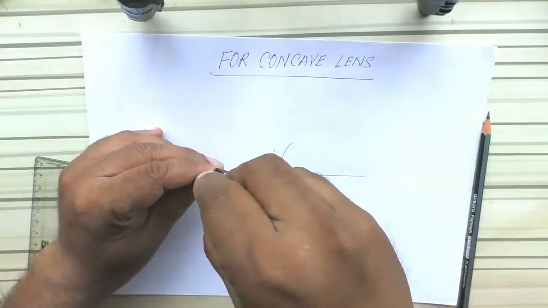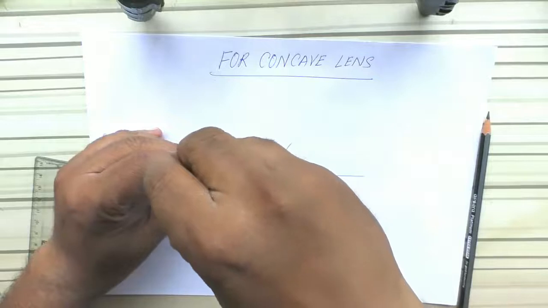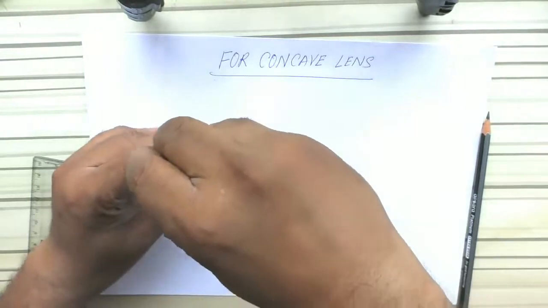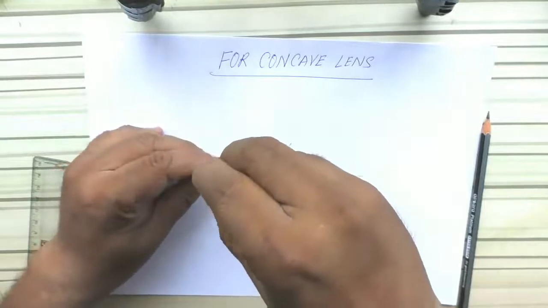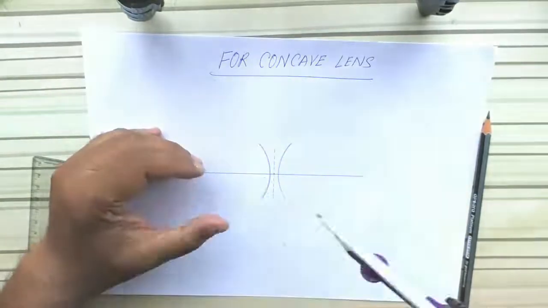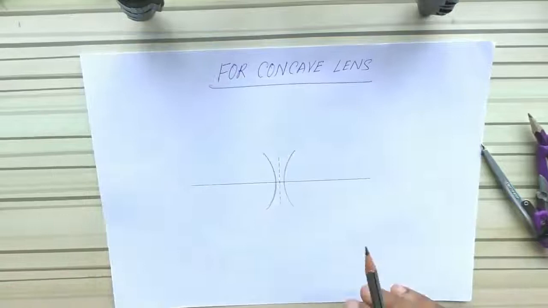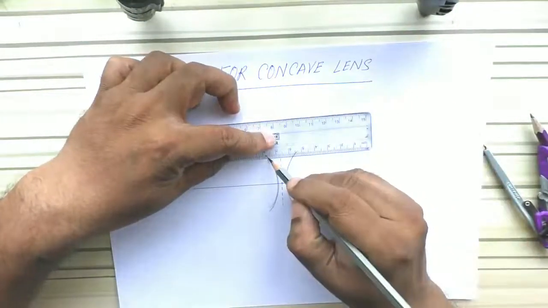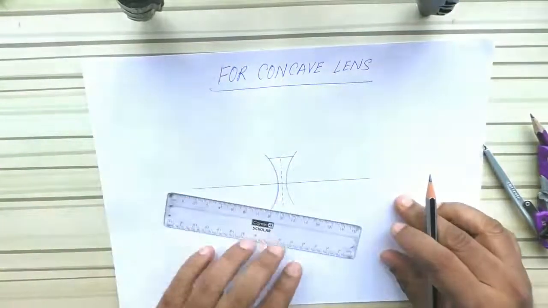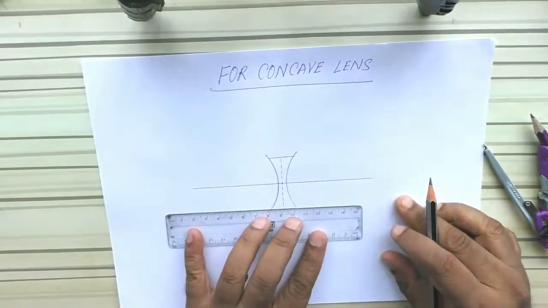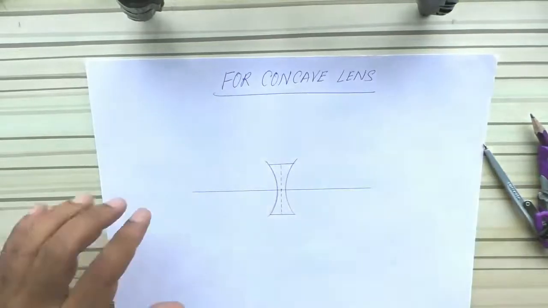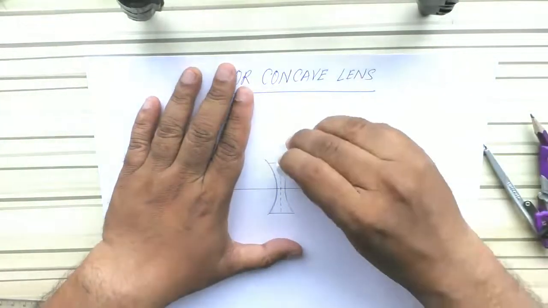Because we are drawing all the ray diagrams for biconvex and biconcave lens, so both the surfaces are equally convex and equally concave. Now we can join these 2 points here, these 2 points. These parts can be erased.